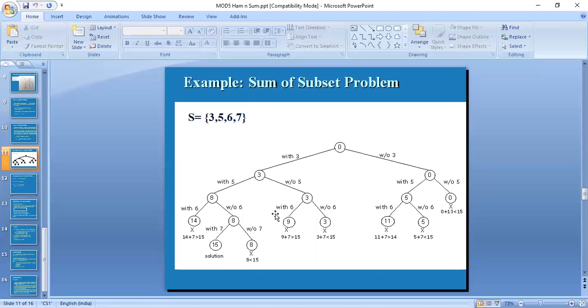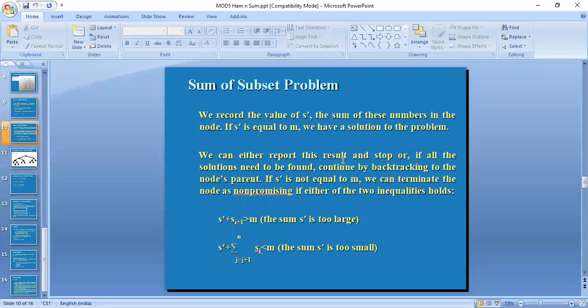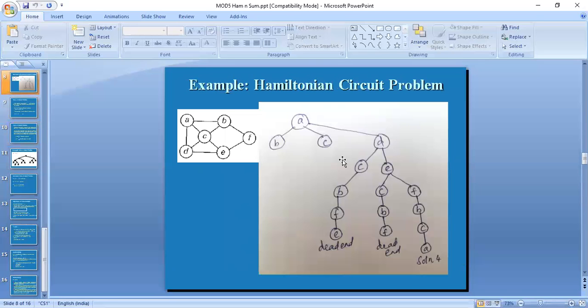Initially you are given the root node. What is the root node value? We will assign it as 0. Now, compared to your previous problems, in your previous problem, any node can have either 2 children, or 3 children, or only 1 child.